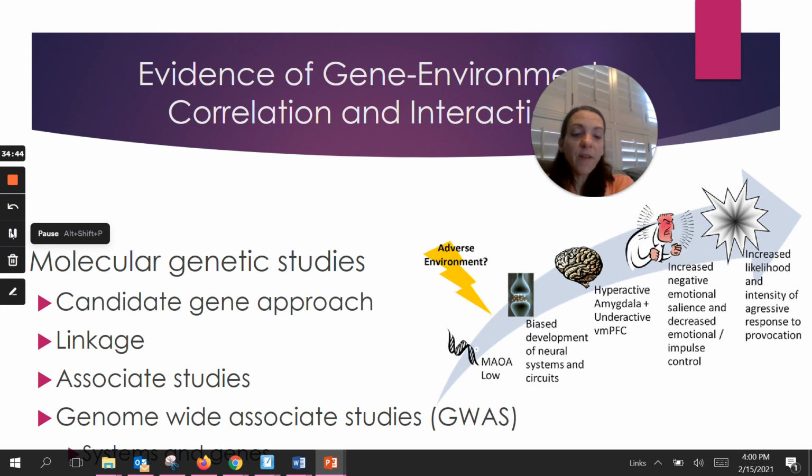Specific alleles of MAOA and maternal disengagement predict violent delinquency. So if you have the specific alleles for this enzyme and you have a mother who's just not very interested in raising you, it predicts violent delinquency. Low levels of this MAOA allele combined with sexual abuse or harsh parenting also predicts disruptive behaviors.